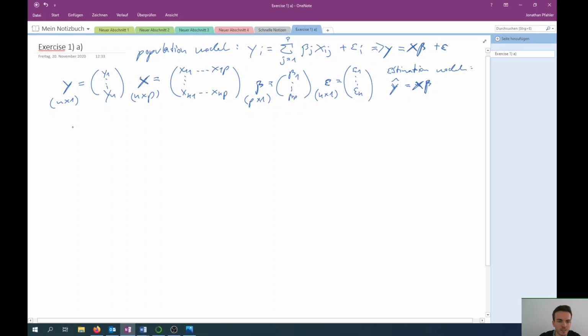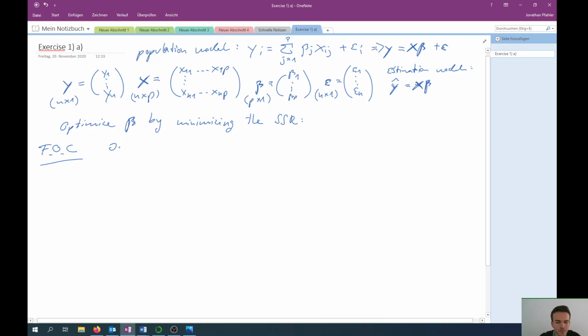Now, how do we optimize our parameters? We optimize our parameters by minimizing the sum of squared residuals. We will do this with our first order conditions.